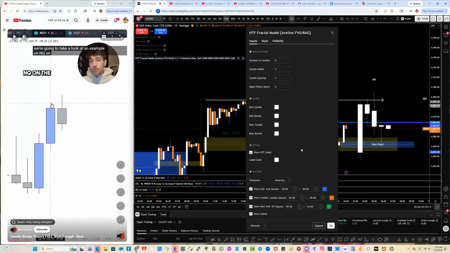So this is H4 that I'm seeing right now. So the bull should be green. Bull border should be green. This should be red, and this should be red.